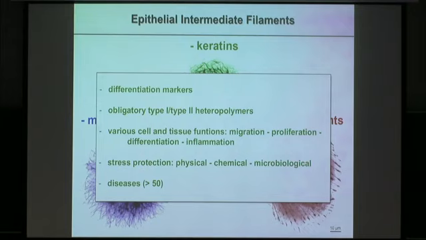And conceptually, we think about these very abundant polypeptides in epithelial cells as an incredible buffer repertoire that can act to protect epithelial cells from various types of stress, which not only includes mere mechanical stress, but also UV stress, chemical stress, or even microbiological assault by certain organisms.